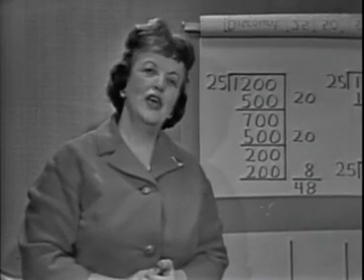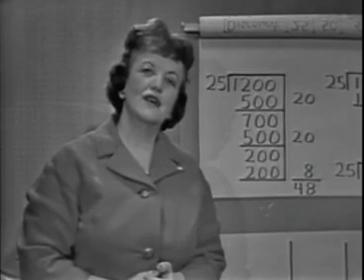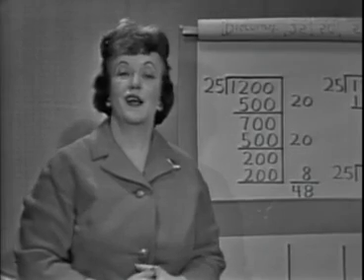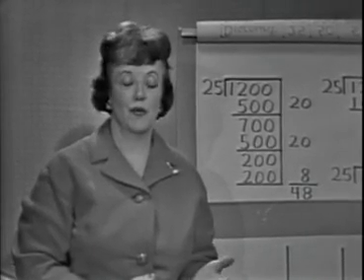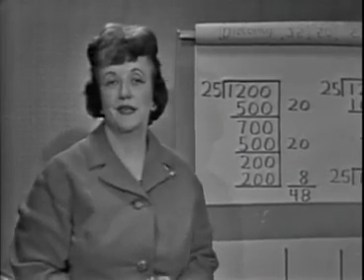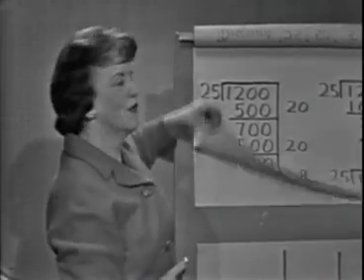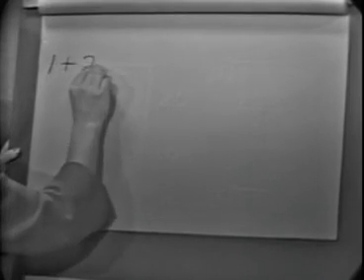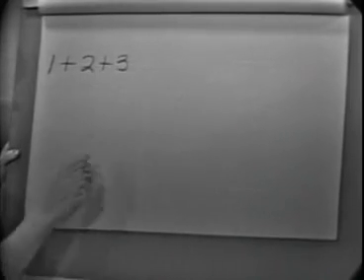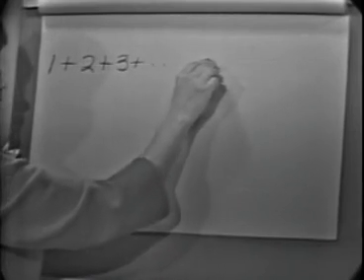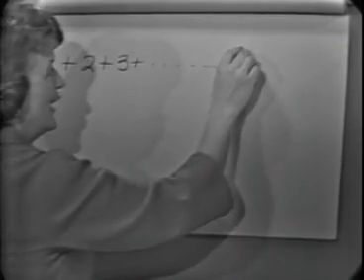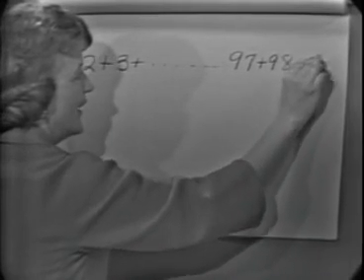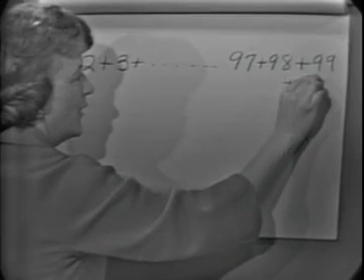At the age of 10, he and his classmates were given an assignment to find the sum of a good many consecutive whole numbers, say from 1 through 100. Members of the class proceeded much in this way, starting 1 plus 2 plus 3, and after a long process, finally coming to 97 plus 98 plus 99 plus 100.